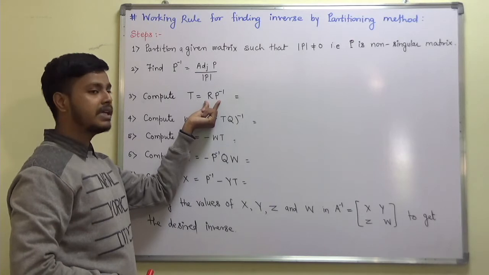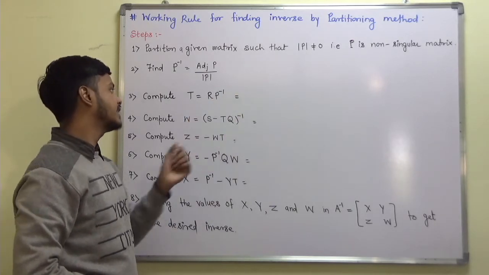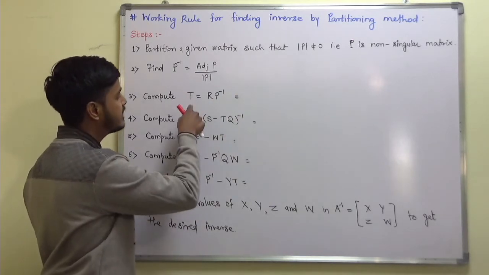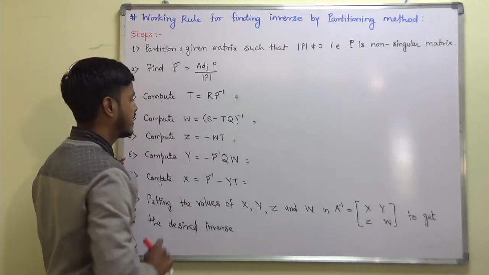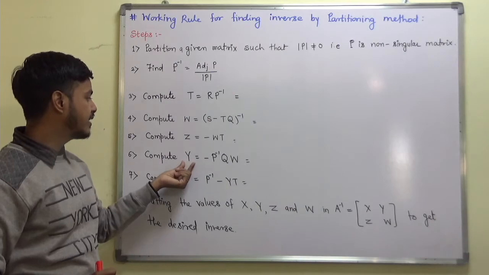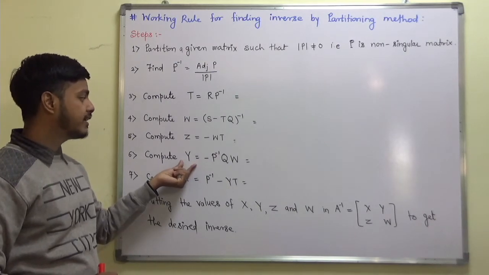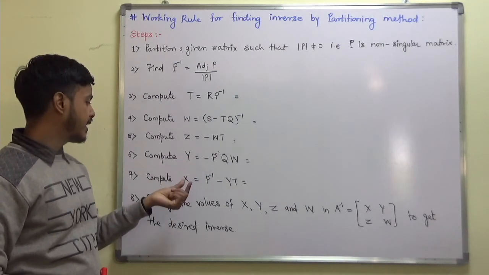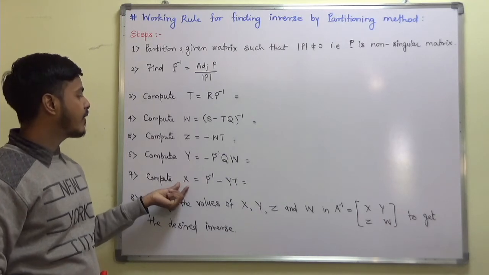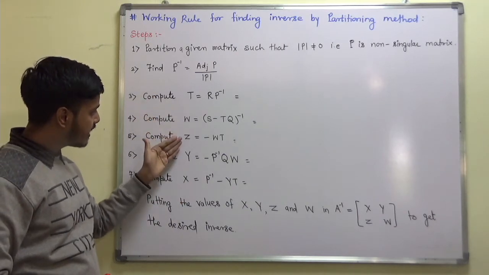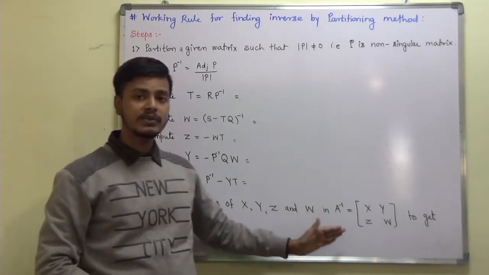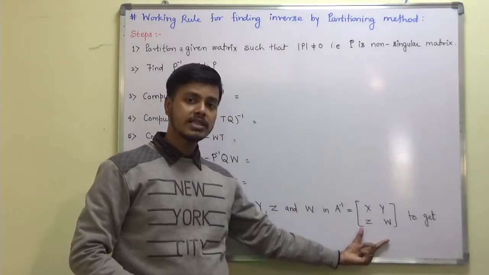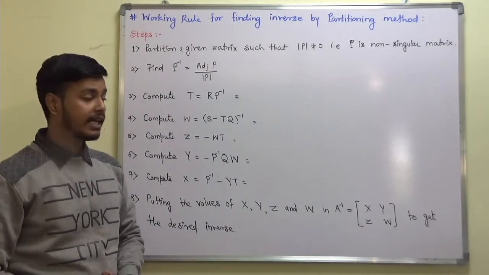So this R P inverse you have to find out, and then with the help of this T you can find out W, Z. And after that you can find out Y and X. Now after you find out all these, you have to put all these values in this A inverse to get the desired inverse.